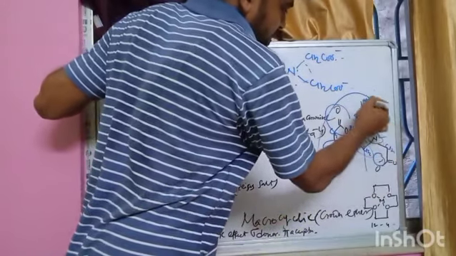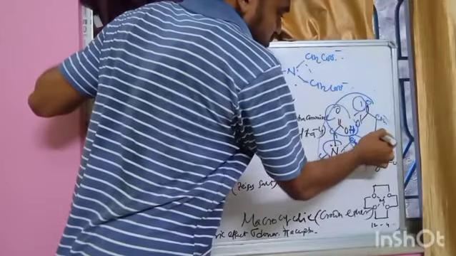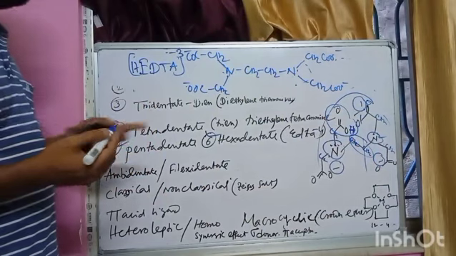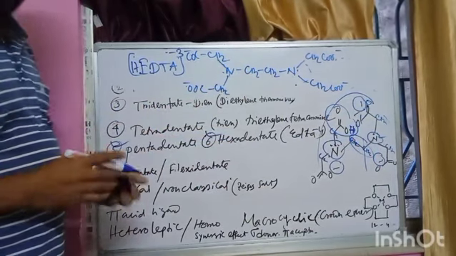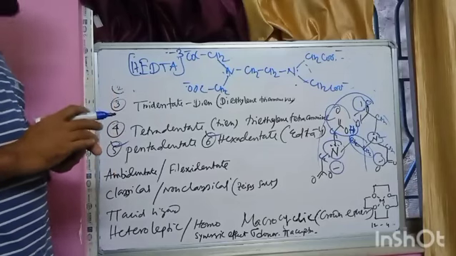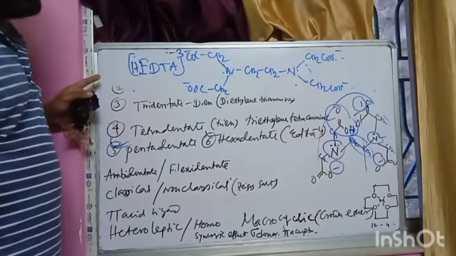So there are 3 oxygen donor centers and 2 nitrogen donor centers, that is 5 in total: 2 neutral nitrogen donors and 3 negatively charged oxygen donors. It acts as a pentadentate ligand.